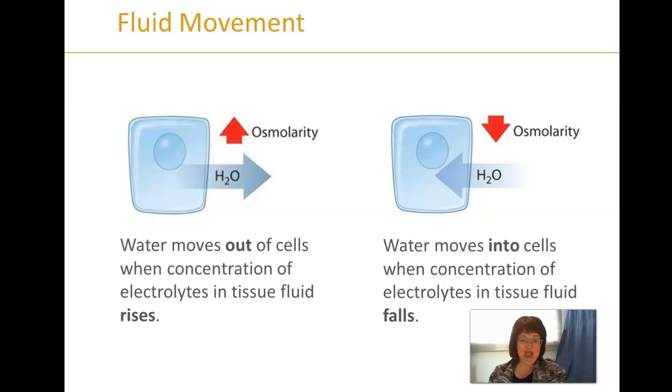So remember, the fluid inside the tissue is called interstitial fluid. So the interstitial fluid, if that becomes very salty, water will move into it. Now, water will move into the cells when the concentration of electrolytes will fall. So what you're doing is you're actually controlling salt, and then that, as a result, controls the water.